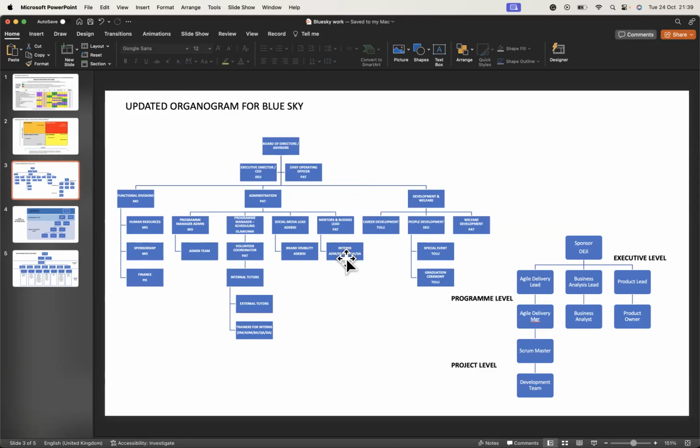But from the feedback you gave last time, we drew this picture based on how you described the layers at program level or project level in a typical team.